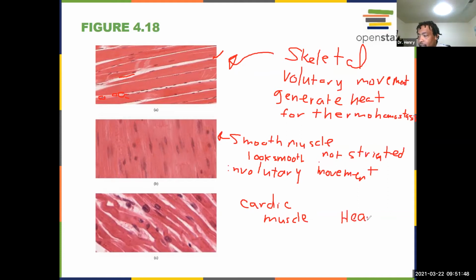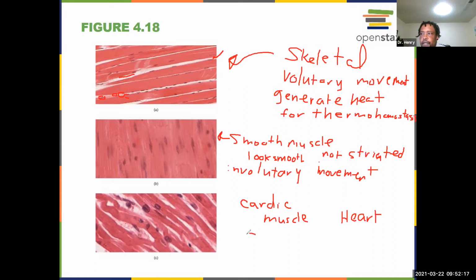And its job is, like you said, forming the walls of the heart, responsible for the pumping of the blood, right? Questions, concerns, cash. And you can see here, again, single nucleated cells, right?